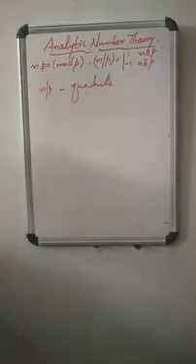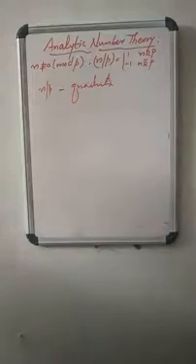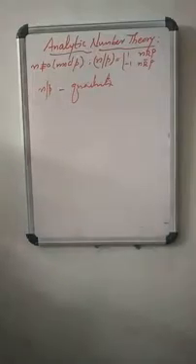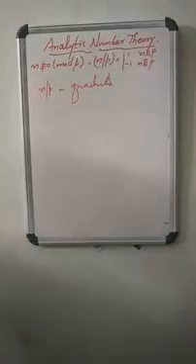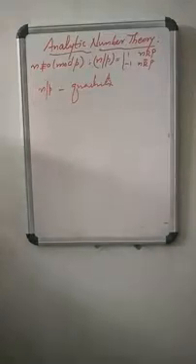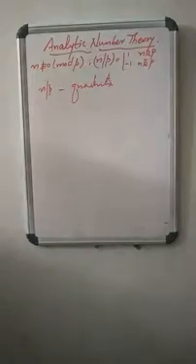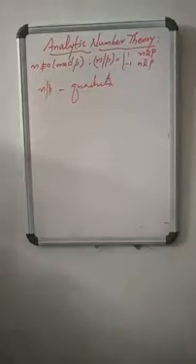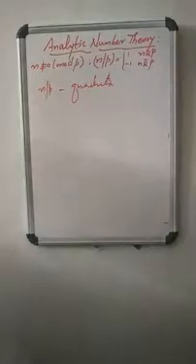So these are the important properties of this Legendary symbol. If n is congruent to 0 mod p, (n/p) equals 0. If n is not congruent to 0 mod p, (n/p) is 1 when n is a quadratic residue, and minus 1 when n is a quadratic non-residue. Also, by the help of Euler's theorem, we proved that n^((p-1)/2) is congruent to plus or minus 1 mod p, and by using that result, for any n and any odd prime p, (n/p) is congruent to n^((p-1)/2) mod p.